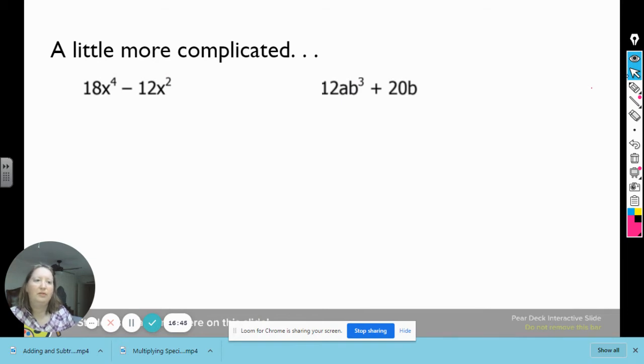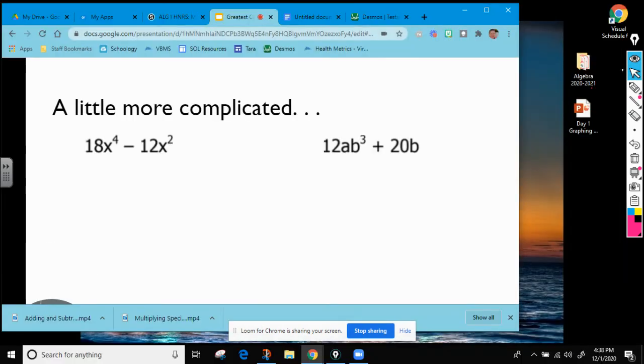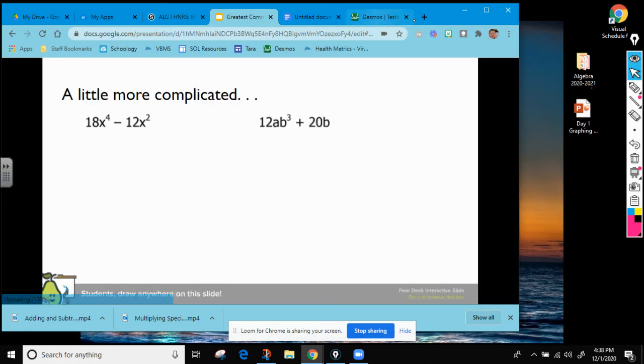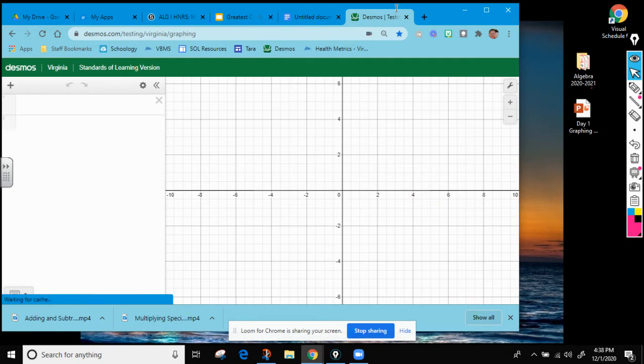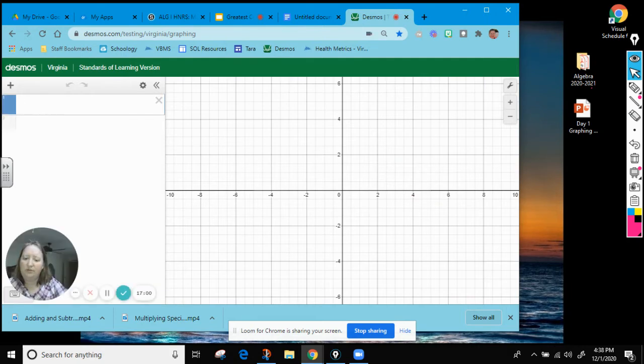All right, here's when it might be a good time to show you how to use Desmos to get those factors. So I'm going to escape and click on Desmos. I want to know about the number 18. I come over here to Desmos and I type in y is equal to 18 divided by x.